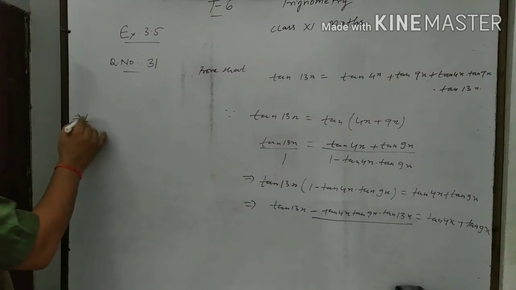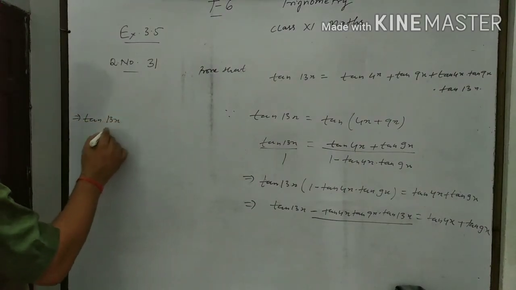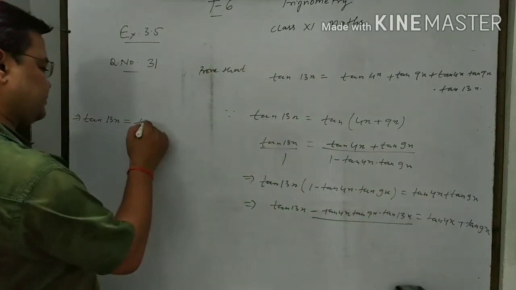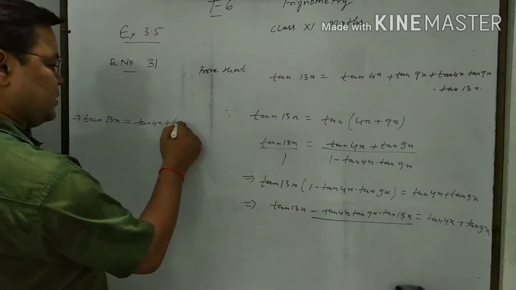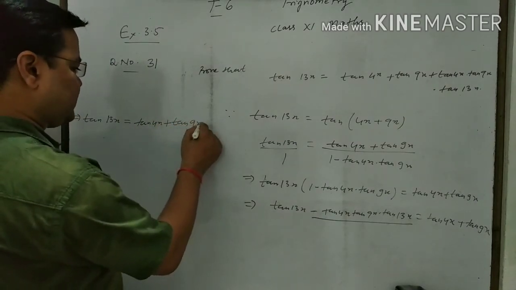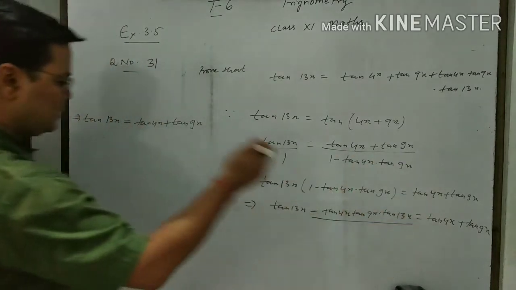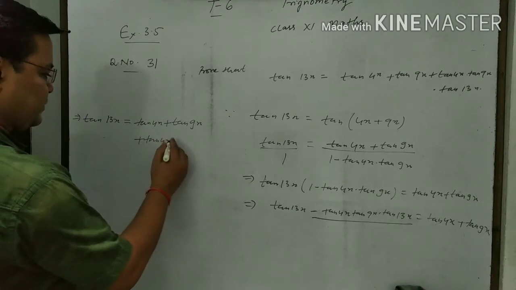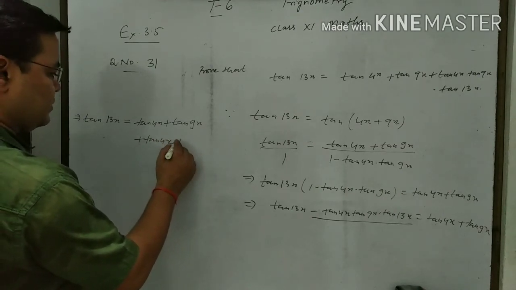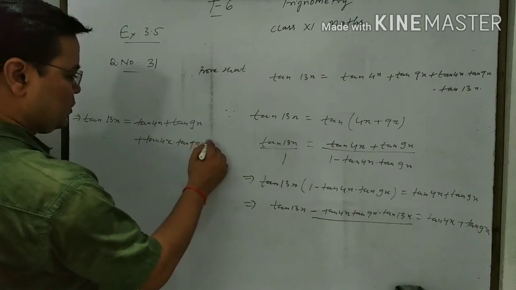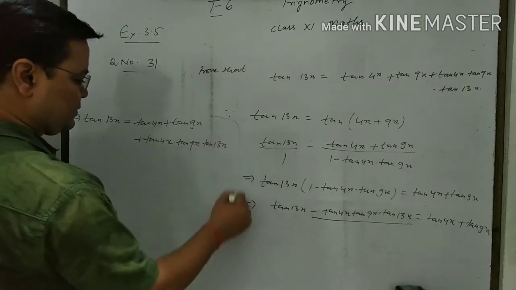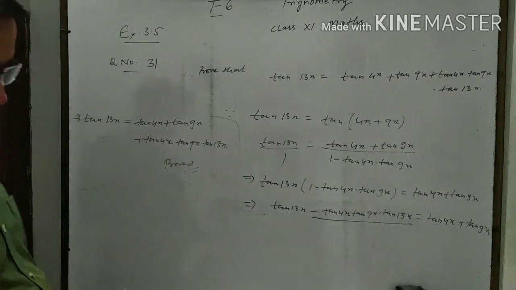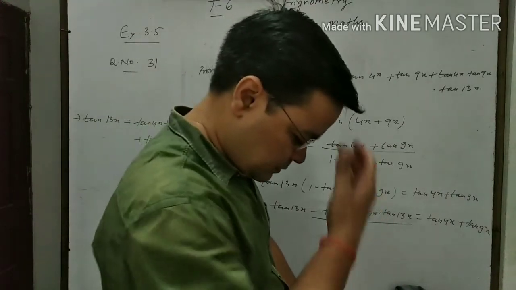Tan 13x is equal to tan 4x plus tan 9x, and transferring that term, it will be plus tan 4x tan 9x into tan 13x. Here it is. In this way we can prove it.